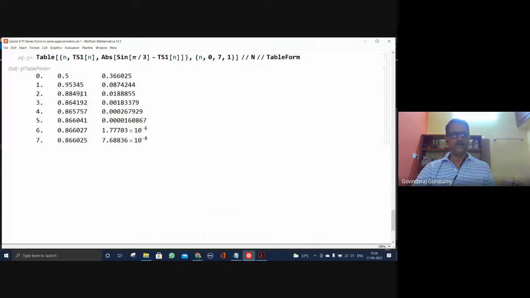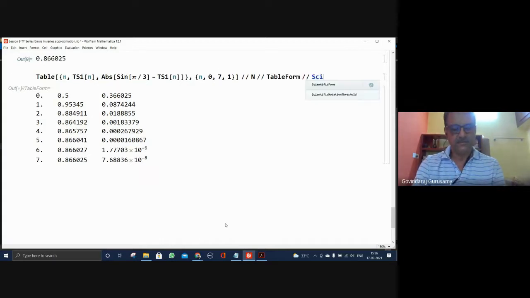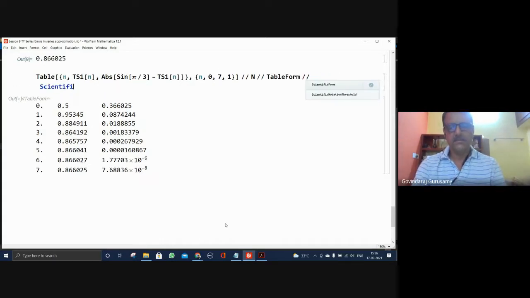If you want to add a padded form, I can decide the number of digits. Then you can write, or you can put it in a scientific form also, which is possible. Let's see. Scientific form.